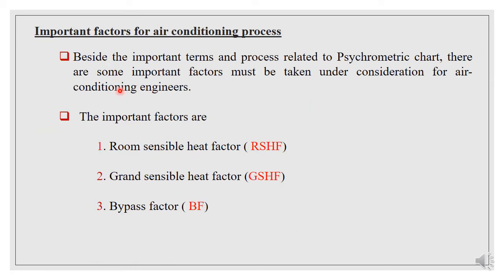And there are several factors which are very important for the air conditioning process. So you have to consider these three, which are room sensible heat factor, grand sensible heat factor, and also bypass factor. Okay, what are they?